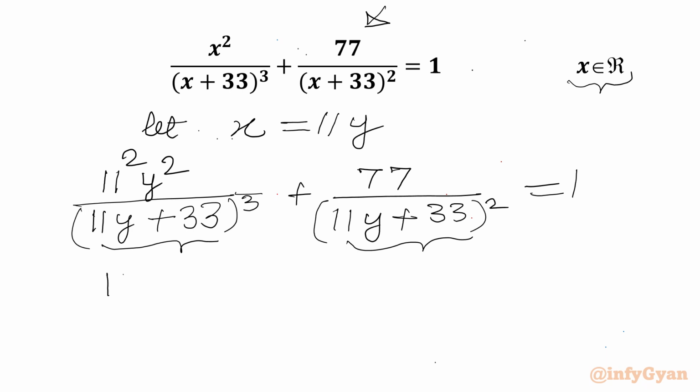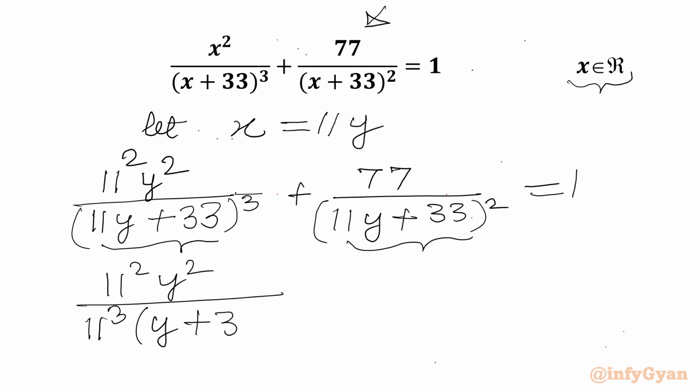Now I can take 11 common from the denominator brackets. So I will write 11 square y square over 11 cube, which will come out as a common, times (y plus 3) whole cube.